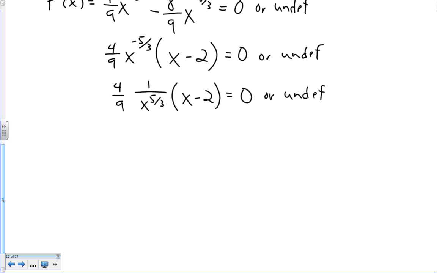So my two critical points are where x is equal to 0 and 2. The x minus 2 would give me a 0 when x is 2. And to get this thing undefined, again, if I plug in 0, I'm going to be dividing by 0. So I find two critical points for f prime.